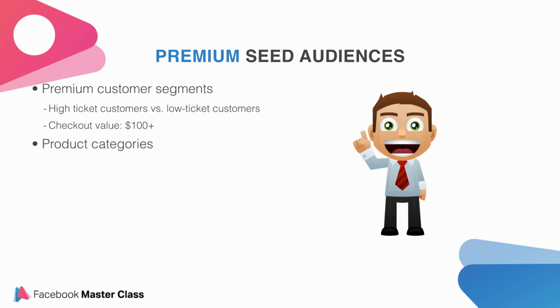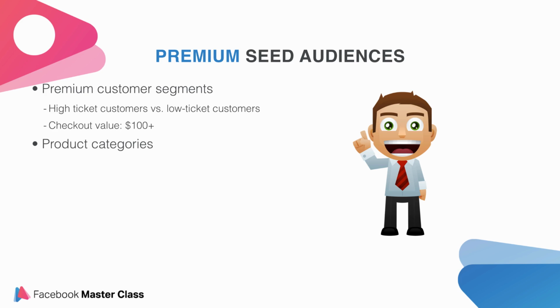Focus on product categories. Let's say you have an online shop and you're selling different beauty products, and one of the niches is anti-aging, and you want to scale a product within that niche. Of course, again, you can put all of your customers or all of your website visitors into one custom audience.